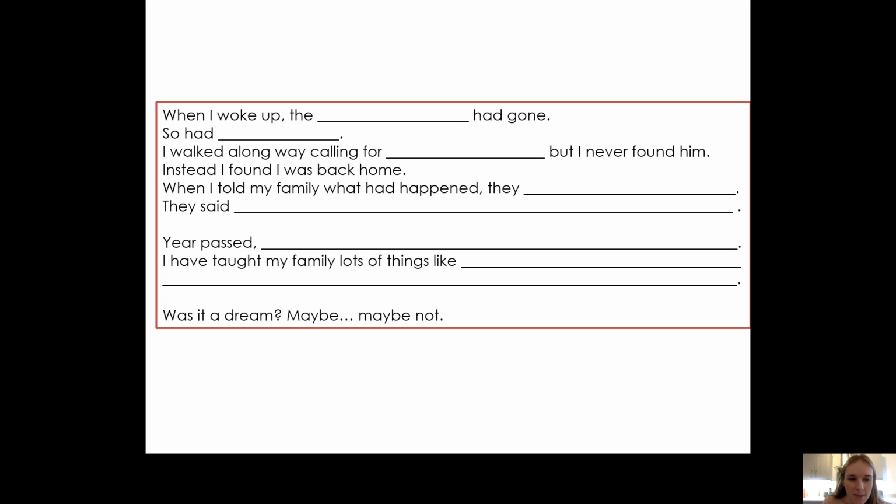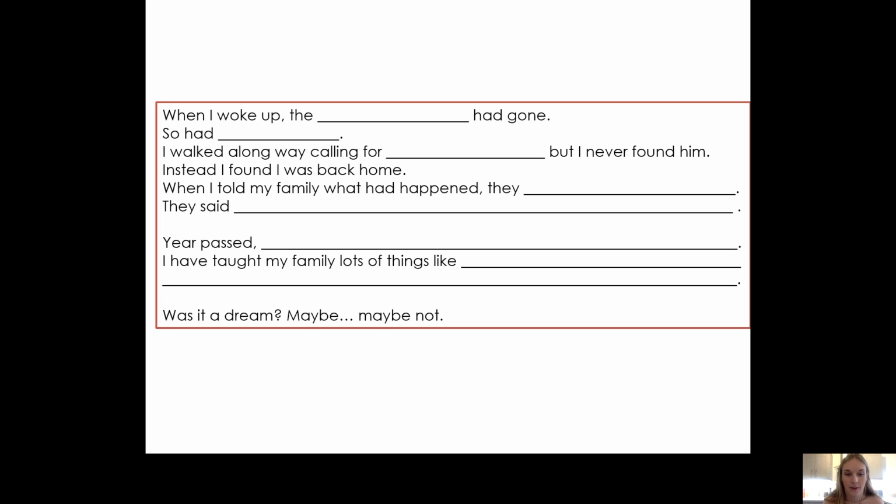Years passed, and what happened? Years passed and you still can't forget your time with Sam, your time in the modern day. Then what have you taught your family? What skills have you learned from the modern day that you could show the Stone Age people? Maybe how to cook some new recipes, maybe how to play at the park, some new games to play.